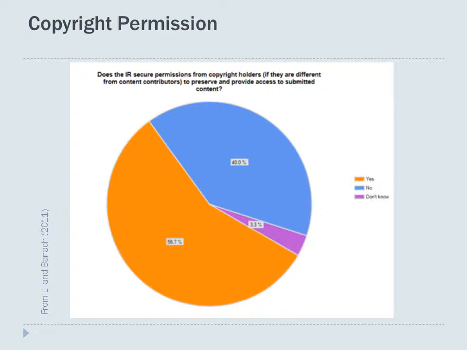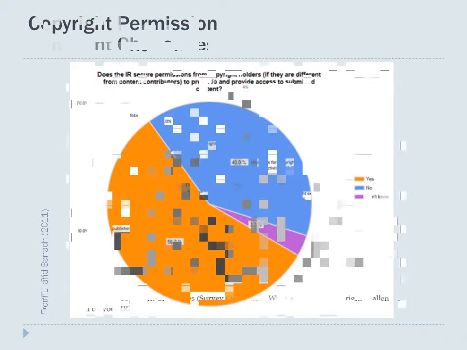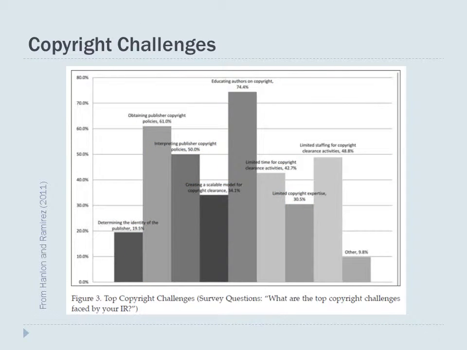This is a huge lack that will hinder the ability to migrate materials to new formats to preserve them over time. More than 60% of copyright clearance activities of institutional repositories are now conducted by library staff.